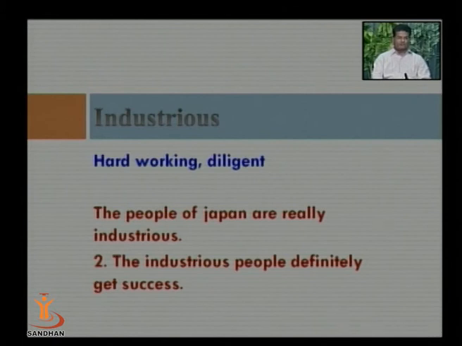But due to their industrious efforts, due to their diligent work, Japanese economics is now one of the leading economics of the world. The industrious people definitely get success. The people who are industrious, the people who are very hardworking, diligent, they get success.